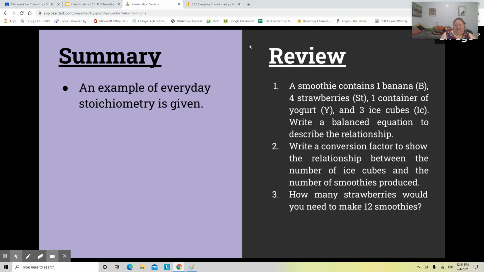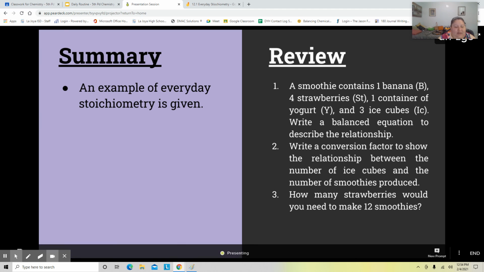Write a balanced equation to describe this relationship. Number 2: Write a conversion factor to show the relationship between the number of ice cubes and the number of smoothies. Number 3: How many strawberries would you need to make 12 smoothies? Everybody ready? All right. Thank you.